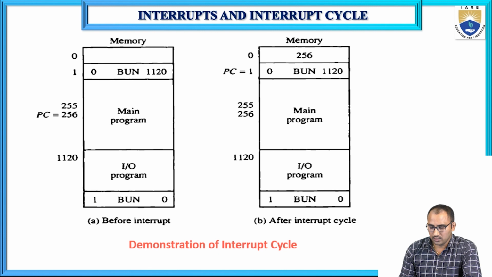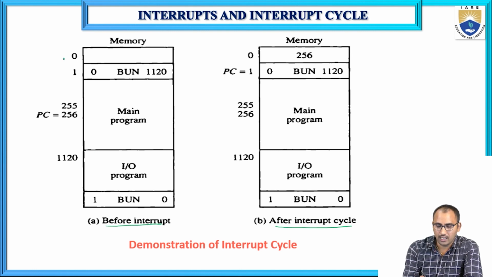So we can see a demonstration of the interrupt cycle. This is before the interrupt occurred, and this is after the interrupt cycle occurred. Before the interrupt takes place, see here we have a memory, and this is memory location address 0, and this is memory location 1. In memory location 1, we have a BUN instruction.